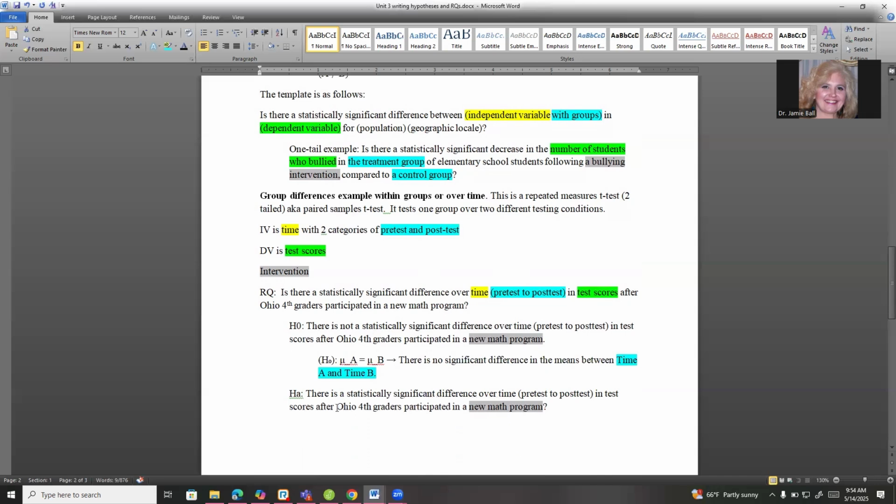There is not, and there is. Okay. And we can mark these. This should be yellow. So you can see my categorical variable. And you can see my dependent variable here, test scores. And there's my location and stuff, right?